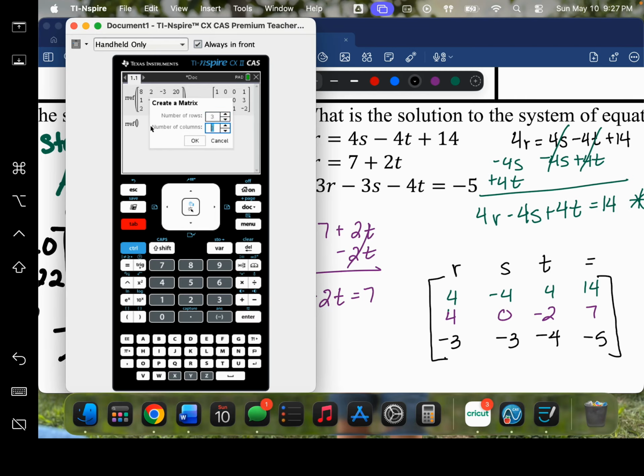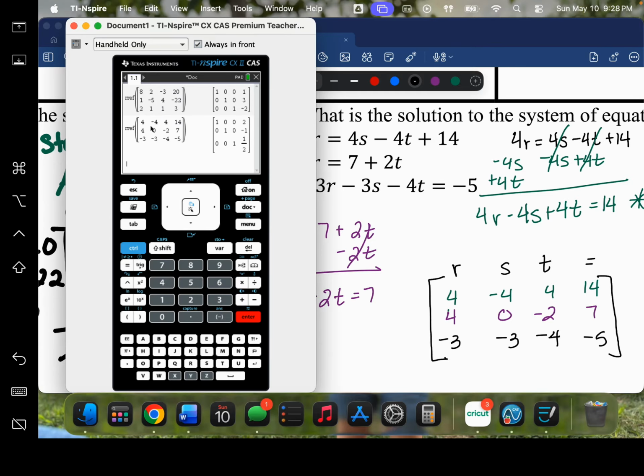Again, 3 rows, tab, delete, 4 columns, and then enter. And then go type in all of our numbers, -4 and -5, and then press enter.